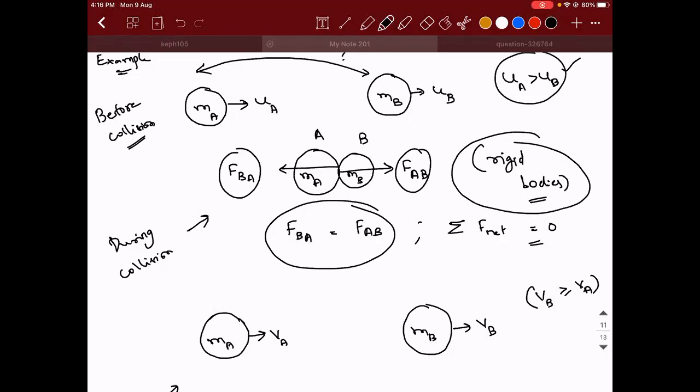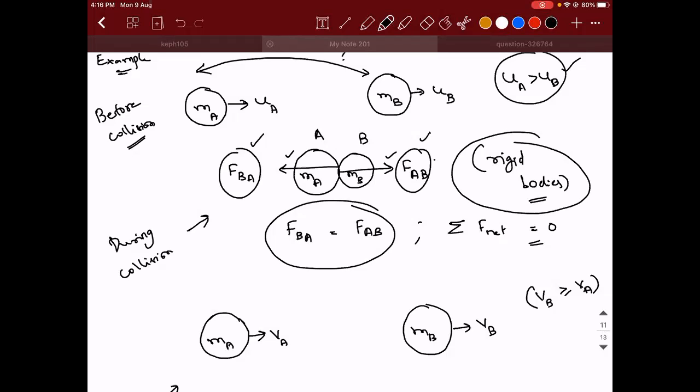For the same person who knows physics, if you put this as FAB and FBA, and you put these arrow marks, they will understand that FAB and FBA both are in opposite direction because you're actually spoon feeding them by putting an arrow mark, correct? So this is a diagrammatic representation.